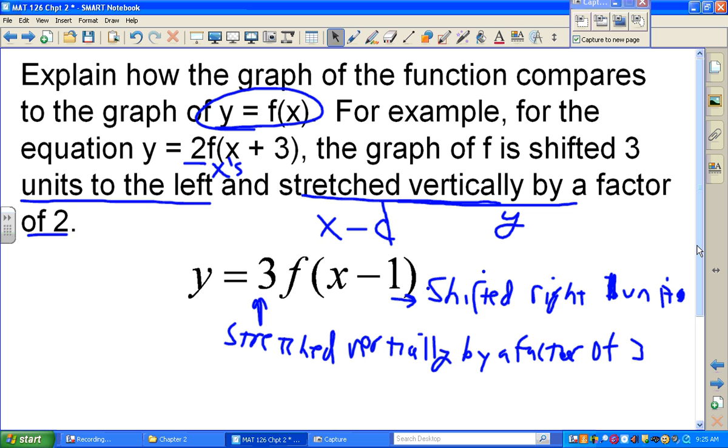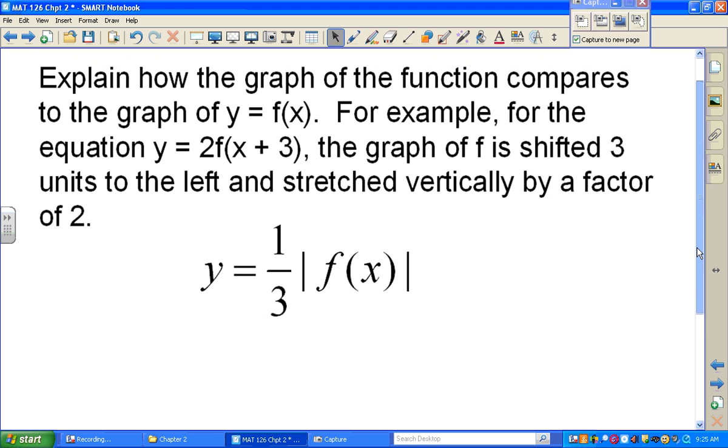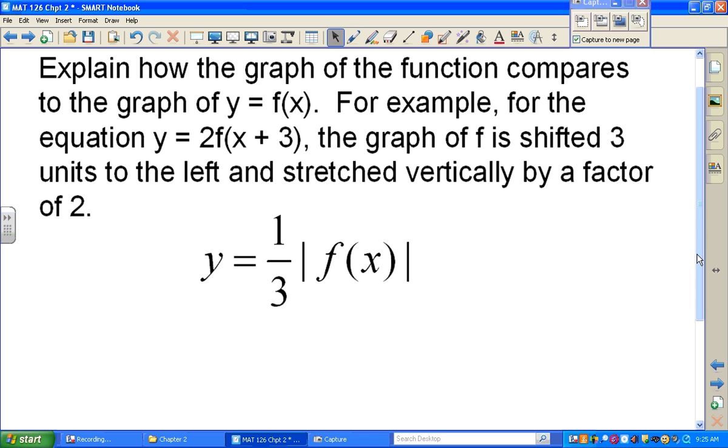Questions on that? That's like the 4th example we've had today. The second one on the page. So on this one, is the graph going to be shifted or stretched? Vertically? Yeah.